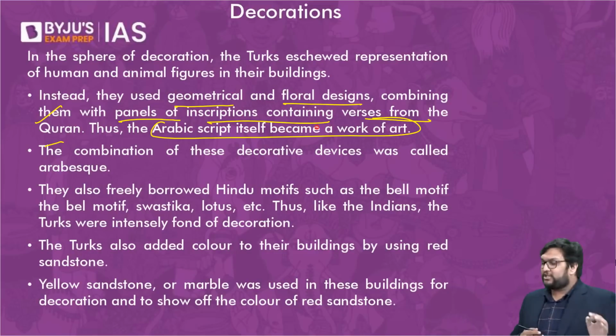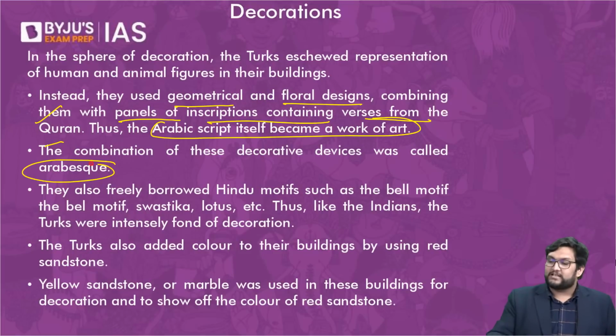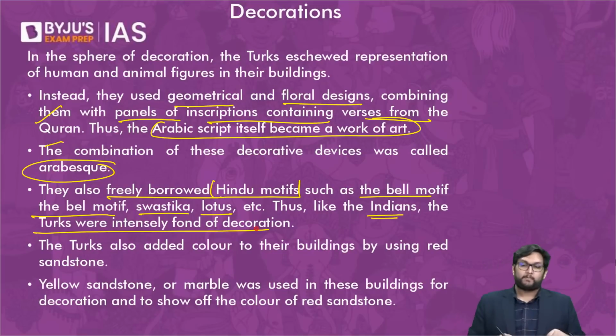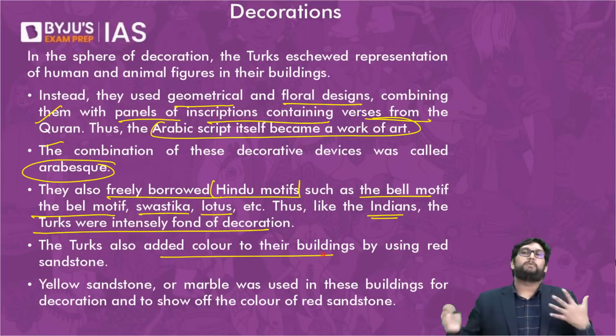The combination of these decorative devices is called arabesque, and it freely borrowed from Hindu motifs such as the bell motif, swastika, lotus. Thus, like the Indians, the Turkish were very intensely fond of decoration. They used very light red sandstone. They embraced red sandstone, and yellow sandstone and marble were used to make a blend of different structures.